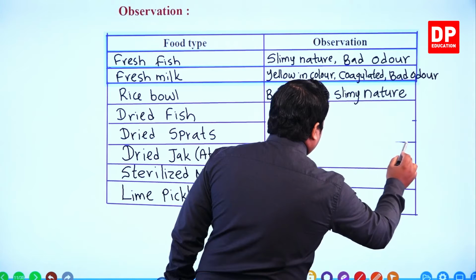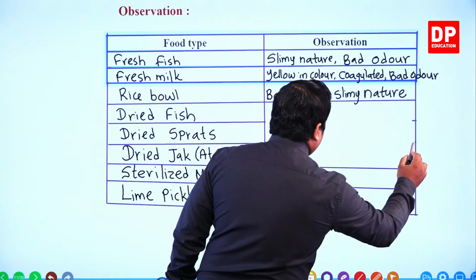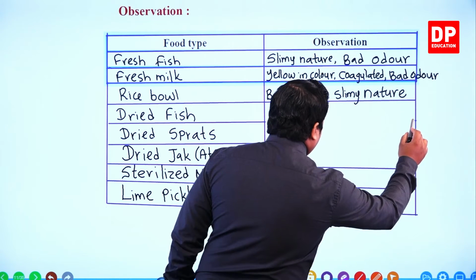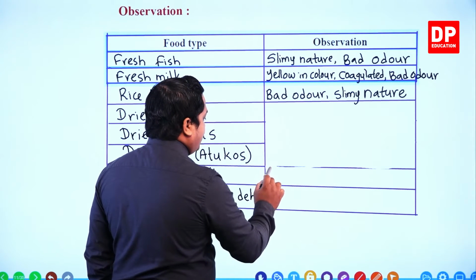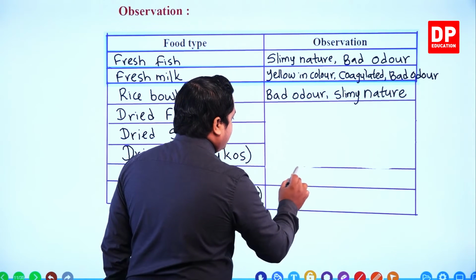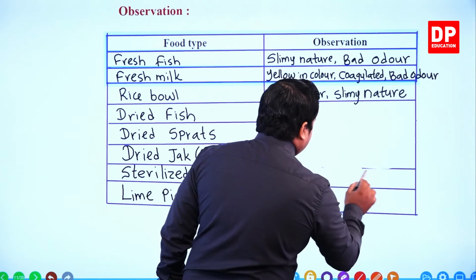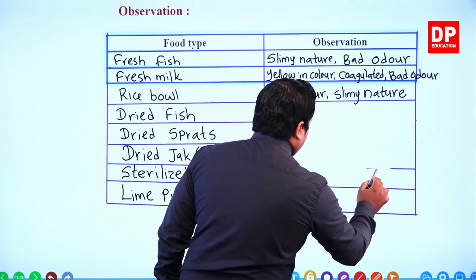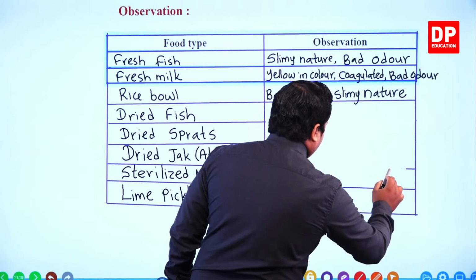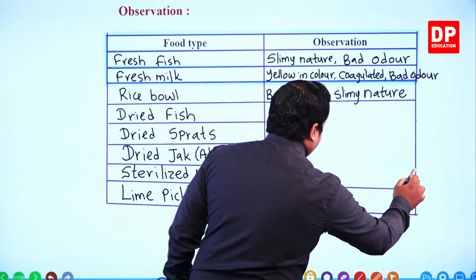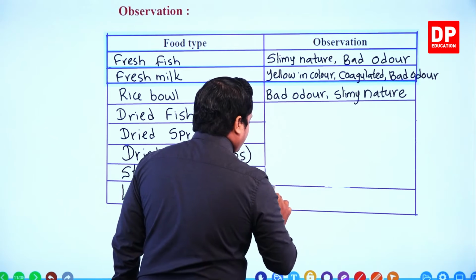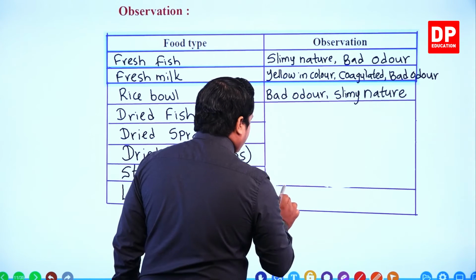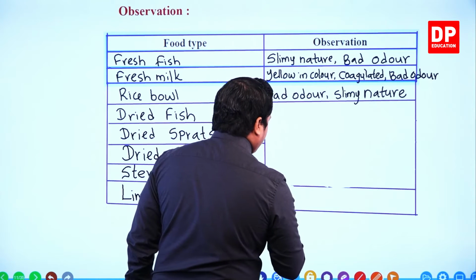It's because these food items, my dear children, are preserved. So I'll erase these things and I'll mention the observation first. By using one single column, I can mention the observation. It's really simple, that's why.